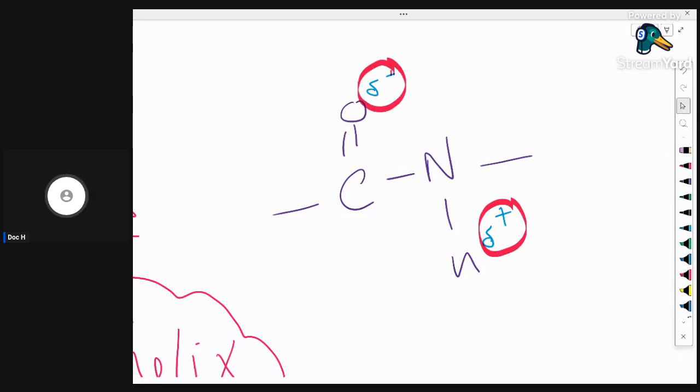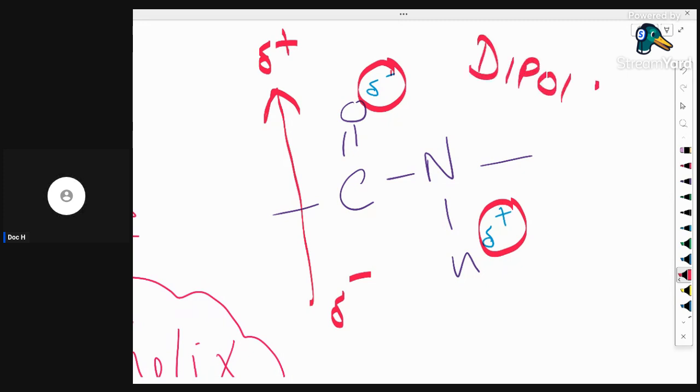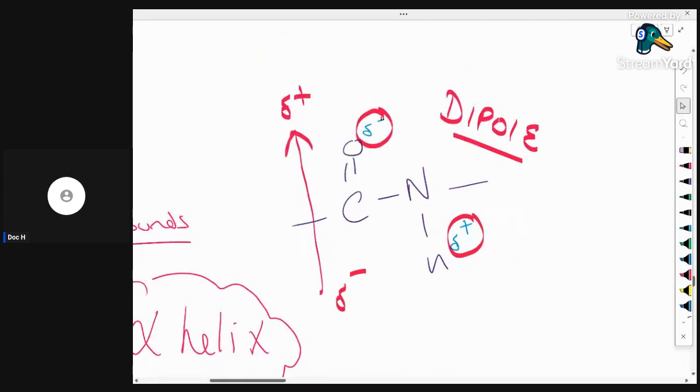So the whole peptide bond has polarity. So it has a delta negative end and a delta positive end, right? This is a dipole. Okay, it's dipolar, it has a dipole here.